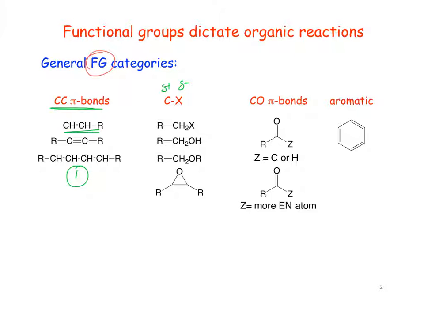These X groups in a generic sense can either be things like halogens, or they can be oxygen, so in alcohols, and these are both what are called ethers. These are oxygens that are connected to two carbons. This is a special case of ethers. This is called an epoxide.